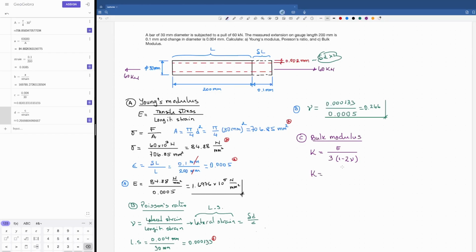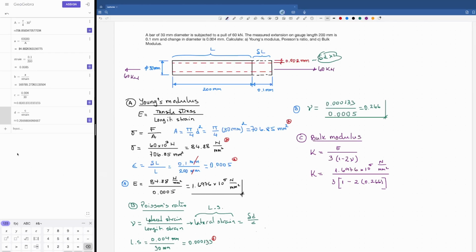So let's do it. It's going to be E, 1.6976 times 10 to the power of 5. What is this? Newtons per square millimeter. Then divided by 3 times 1 minus 2 times, we'll do a nice bracket here, 0.266.